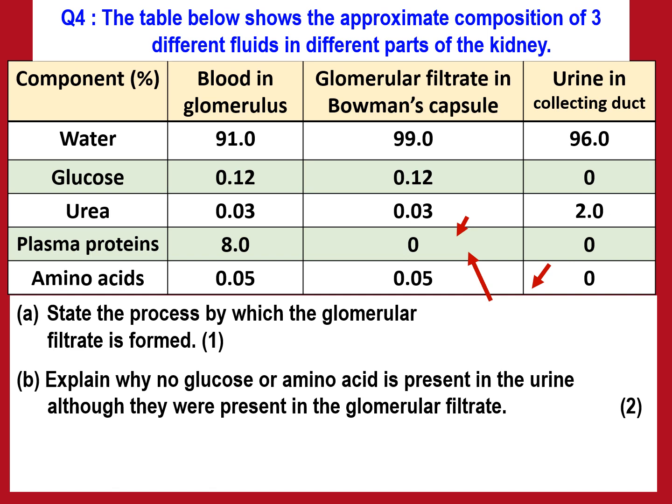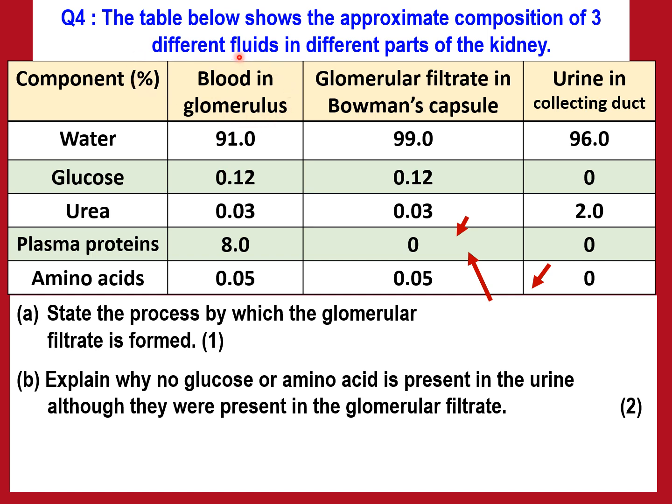Lastly, let's discuss a structured question on the formation of urine. Question 4. The table below shows the approximate composition of 3 different fluids in different parts of the kidney. The components that are analyzed are water, glucose, urea, plasma proteins, and amino acids.